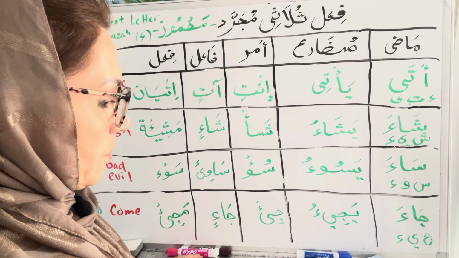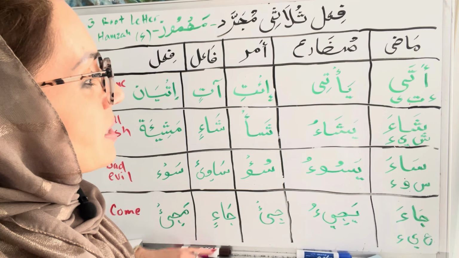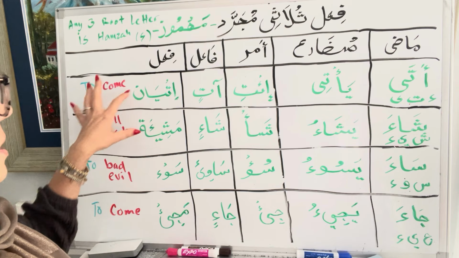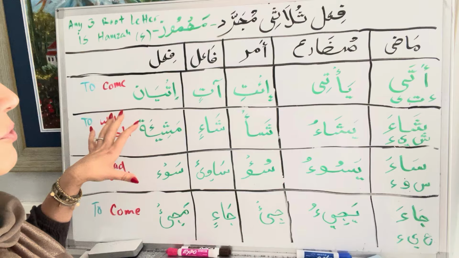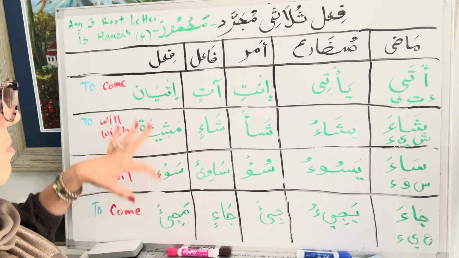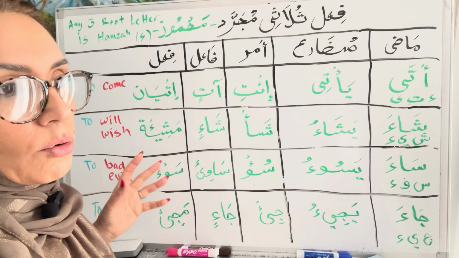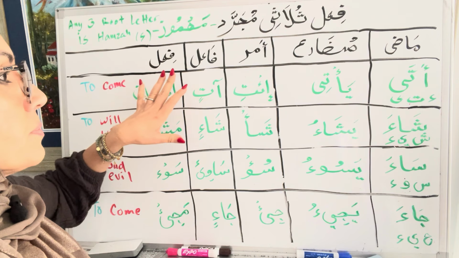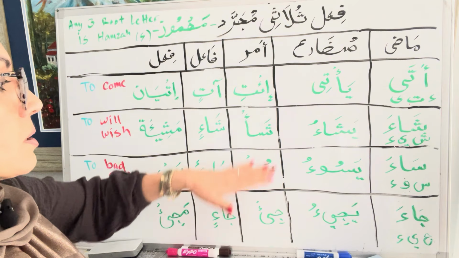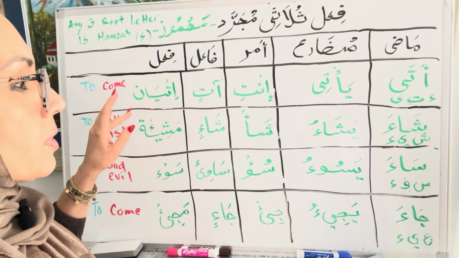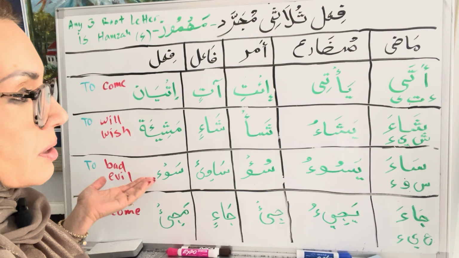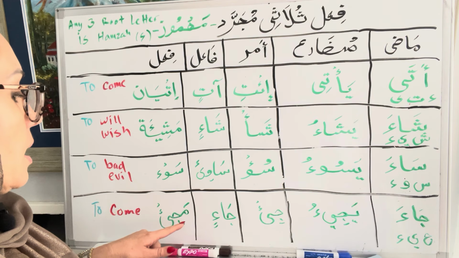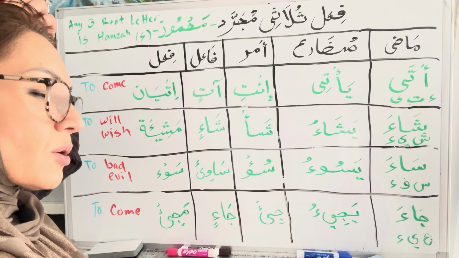And so the first one we have is ata, yati, iti, atin, ityan. Now notice the actual fi'l version, the verb version, it kind of varies, so let's not get too focused on this. Sometimes here we have the meem added. We talked about this before because they go through certain changes.